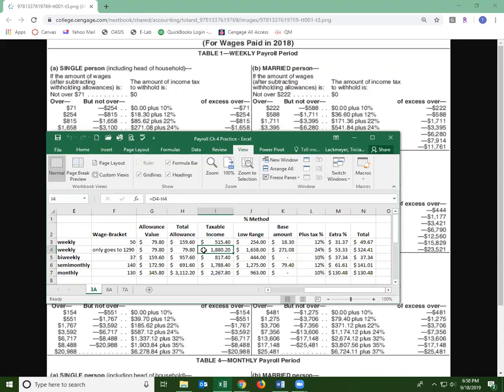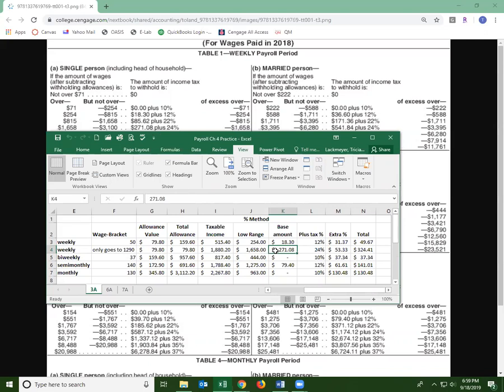So I looked up the 1,880. The low range was the 1,658. The base amount of tax is $271.08. And then anything that this person makes over $1,658, I need to add an additional 24% tax to. So I did those calculations just like I did on the first person.